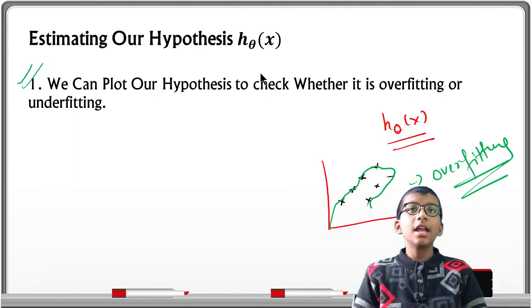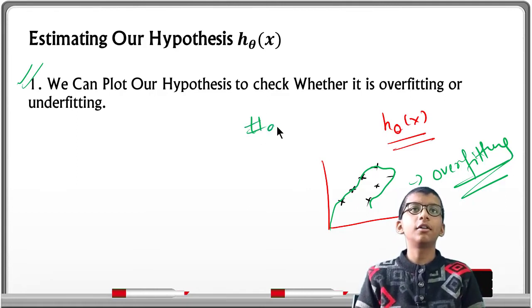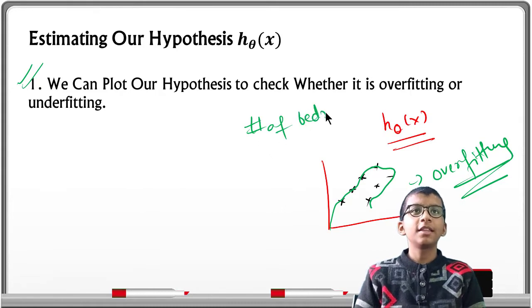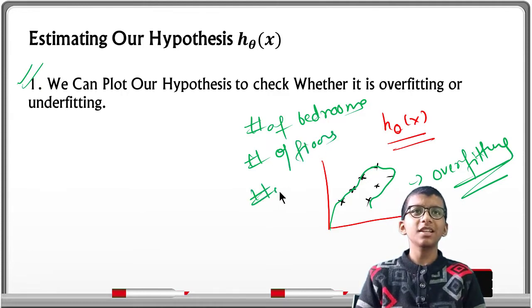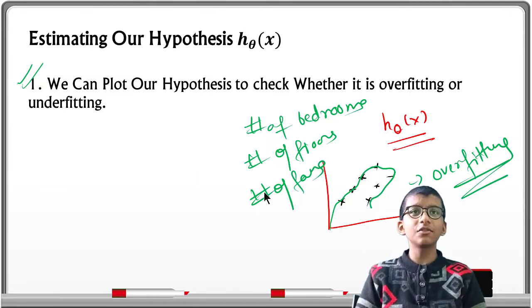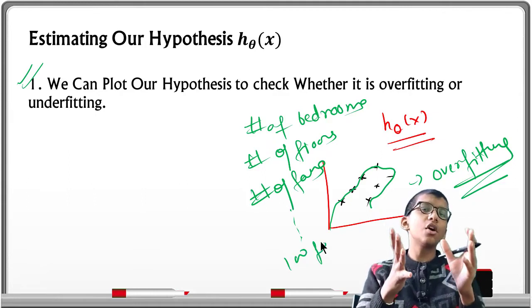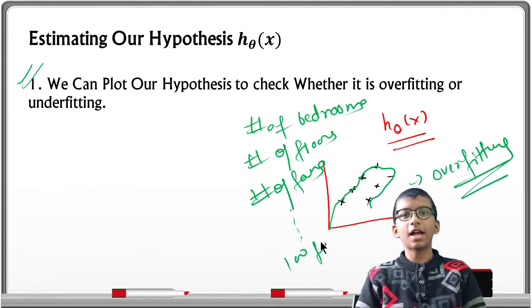It has hundreds of features, like the number of bedrooms, number of floors, number of fans, and so on up to 100 features, and from the given input we have to predict the price of the house.